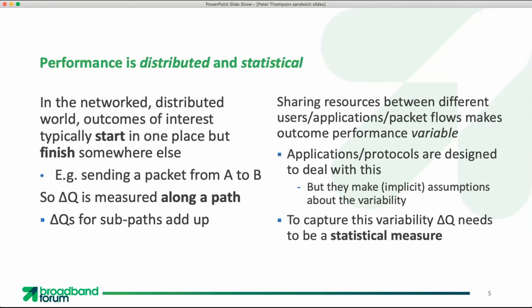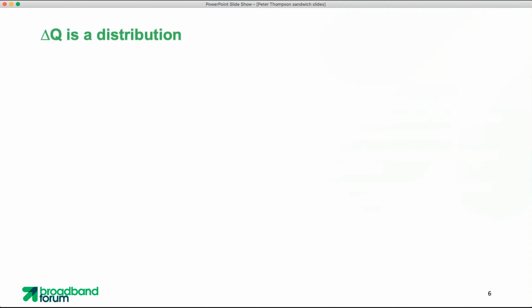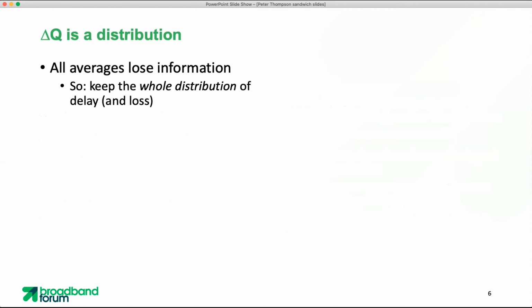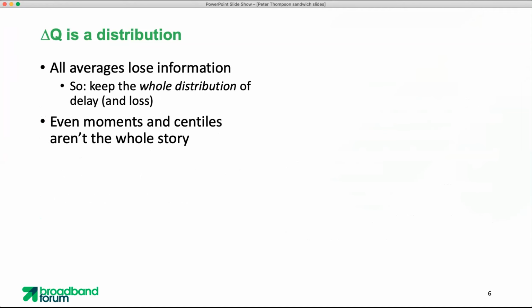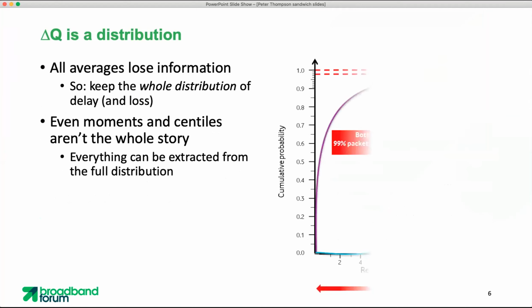So performance is distributed and statistical. So ultimately, this means that delta Q is a distribution because all averages lose information. So actually, really what we want is to keep the whole distribution of delay and loss. Even moments and things like centiles aren't the whole story.